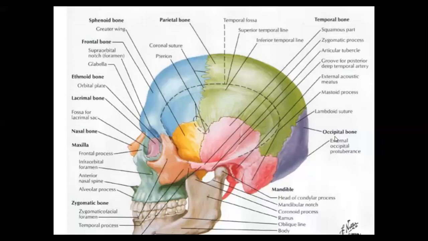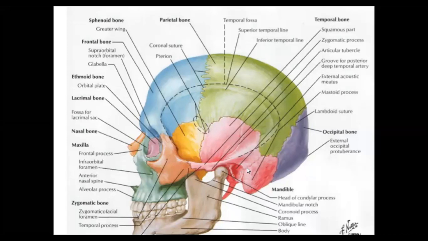Okay, so let me share the PowerPoint now. Now see here. So this is our superior temporal line. This one is not shown in dotted line, but still it is a little elevated. You call it the inferior temporal line. Then we know this is the mastoid process, and this opening is the external acoustic meatus, right?